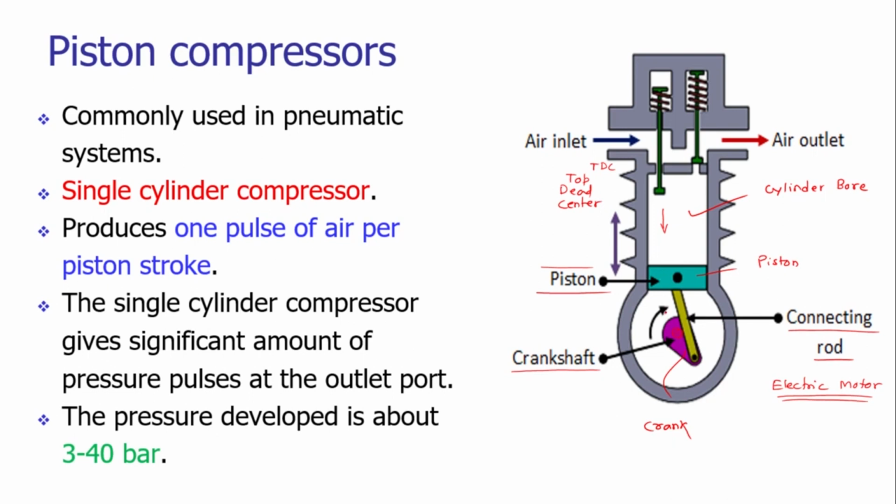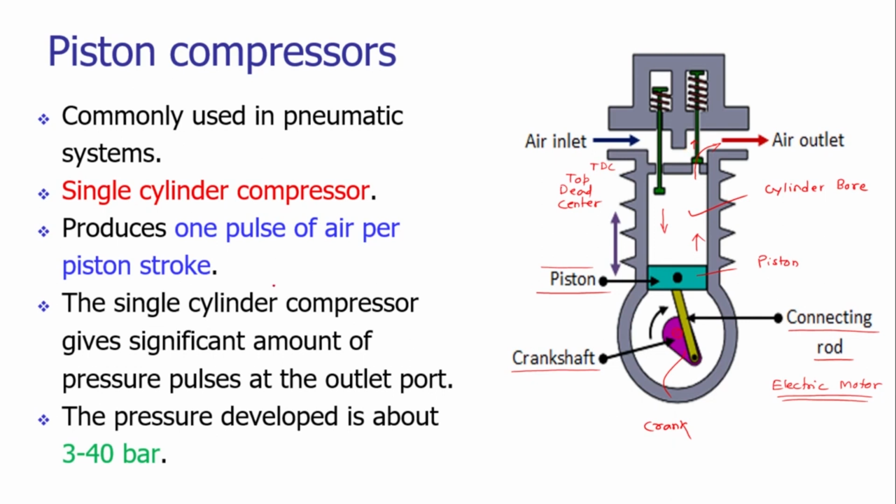For the next half rotation of the crank, the piston will move in an upward direction, and during that upward movement, the inlet valve will get closed, and due to the increase in pressure on the air, the outlet valve will get opened and the pressurized fluid will come out of the cylinder bore in pulse mode.